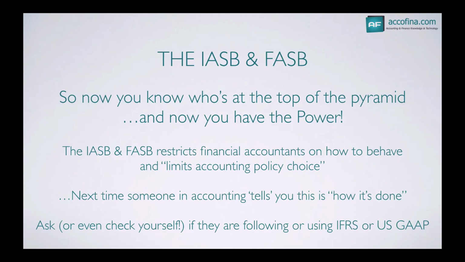And now you know who's at the top of the pyramid and now you have the power. The IASB and the FASB restrict financial accountants on how to behave and ultimately limit accounting policy choice. Even if they're not followed 100% by the smallest of organisations, it's always good to look to the top of the pyramid.